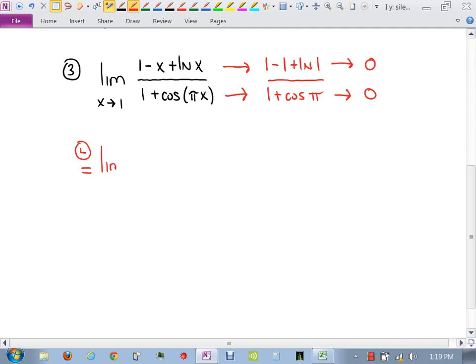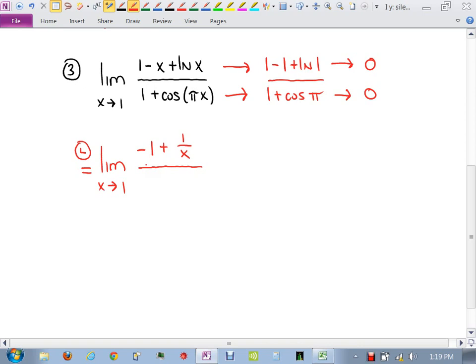So L'Hopital says that you do what? Top and bottom separately, right? So the derivative of the top, let's see, derivative of 1 is 0. Derivative of negative x is negative 1. The derivative of natural log of x is 1 over x. So that's just what we call term-by-term differentiation, each one, because they're separated by addition and subtraction.